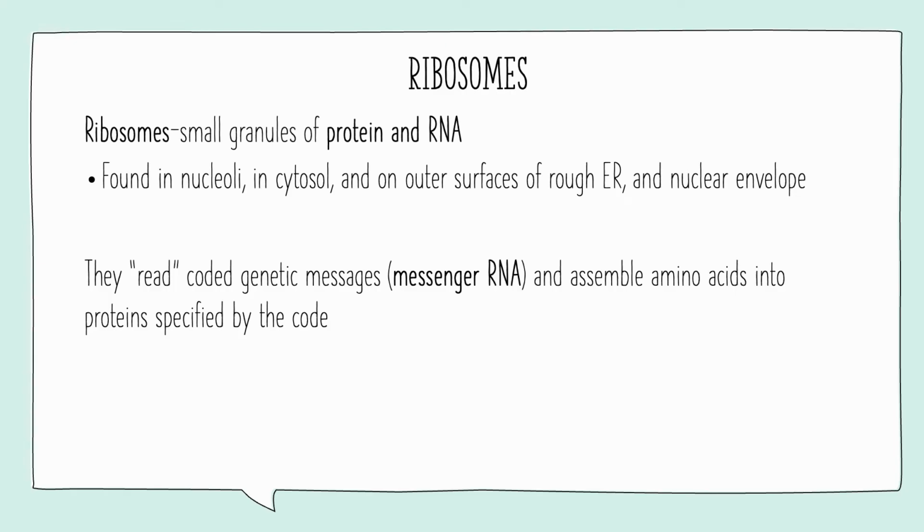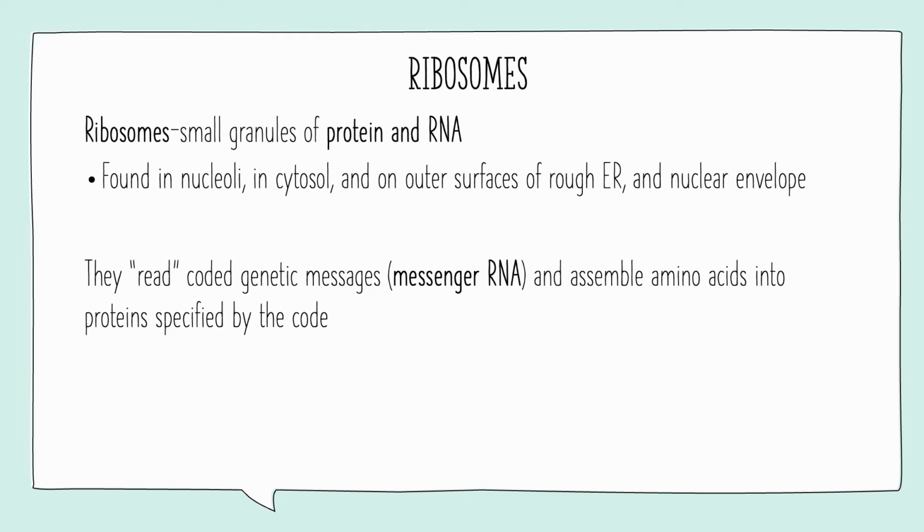Ribosomes. Ribosomes are small granules of protein and RNA. RNA is ribonucleic acid. It is a nucleic acid present in all living cells that has structural similarities to DNA. We'll talk about that in a little bit more detail later on. Okay?